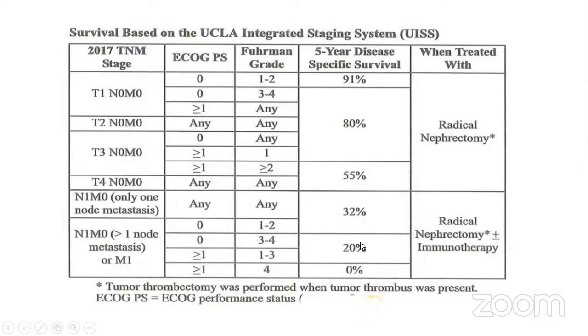This is 20% compared with ECOG more than 1 and grade of 1 to 3 if there is any lymph node, 1 lymph node or MITs, that's the survival is 2%, and management is radical nephrectomy plus or minus immunotherapy, and the last, more than or equal to 1 ECOG with grade 4, survival rate is equal to 0.